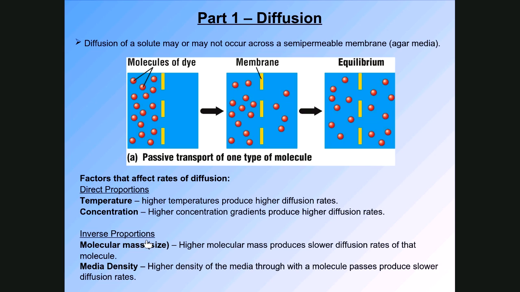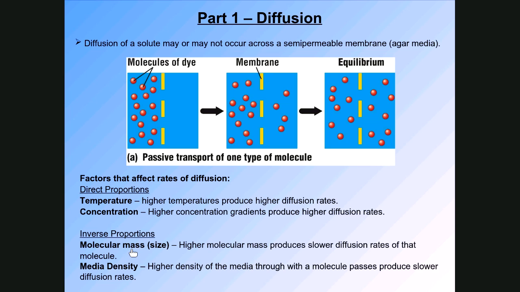However, inverse proportions has to do with factors that can slow the rate of diffusion down. Well, one is molecular mass or size. In part one, you're going to be given two dyes. One's called potassium permanganate and one's called methylene blue. Potassium permanganate has a smaller molecular mass than methylene blue.